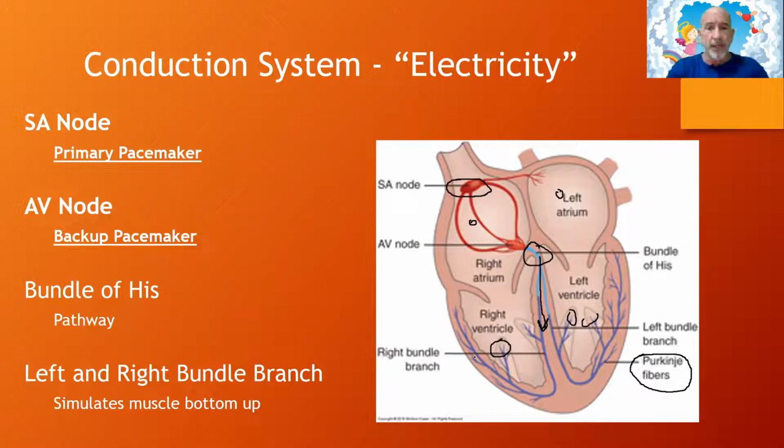The right bundle branch goes to the right ventricle. That basically what we're just saying is it splits into two branches. Then it goes to the Purkinje fibers, which then ignite. So that's tracking the electrical of the heart. Pretty simple. So what's with this guy? Well, if for some reason the SA node quit working, this guy, the AV node, can take over. So it's almost like a backup pacemaker.